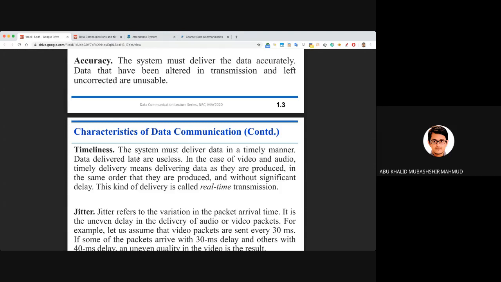Now, for a more practical example, if in your course of data communication, I teach you something other than this. That is, let me say, for example, if I teach you Bangla in data communication, it's not accurate, right?